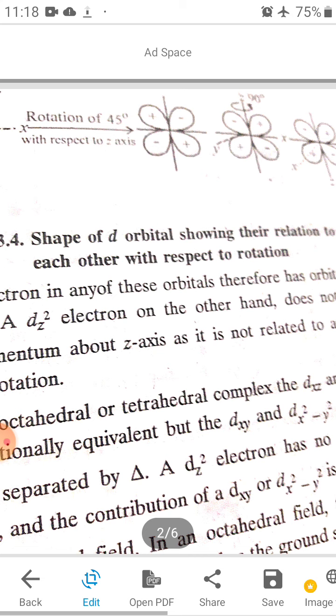The contribution of dxy and dx square minus y square is not completely quenched by the ligand field.